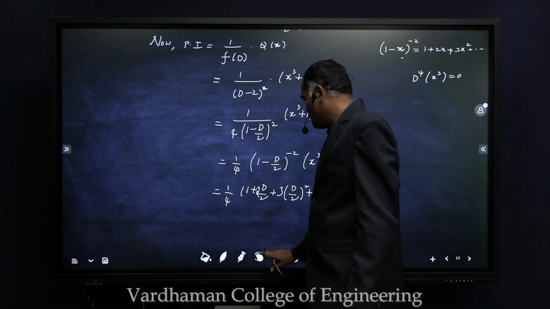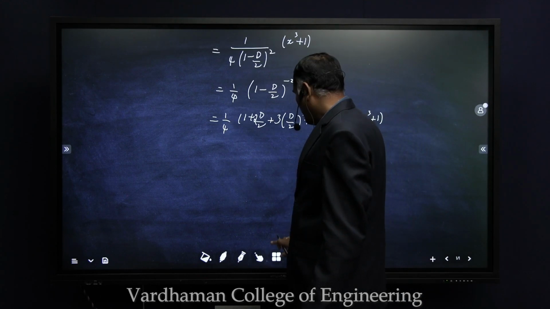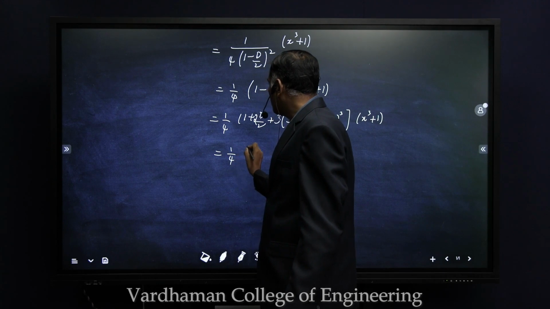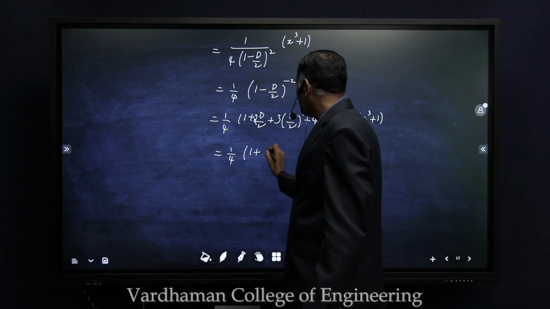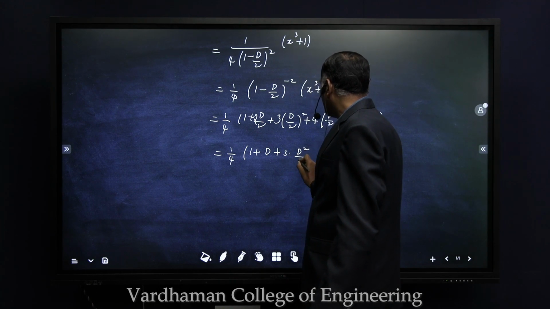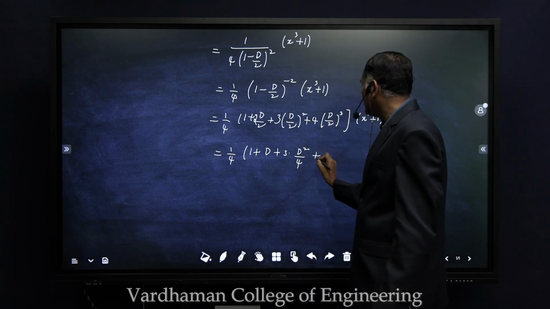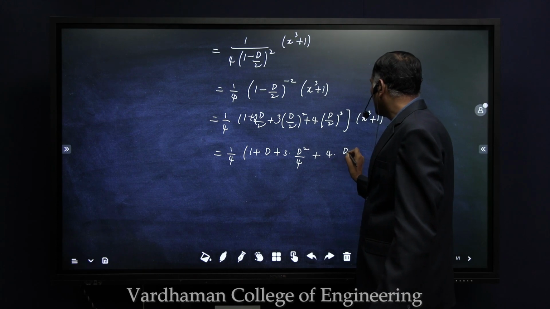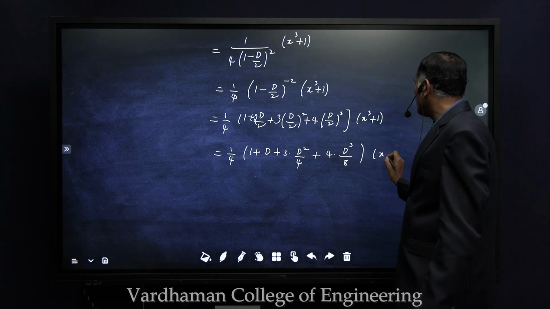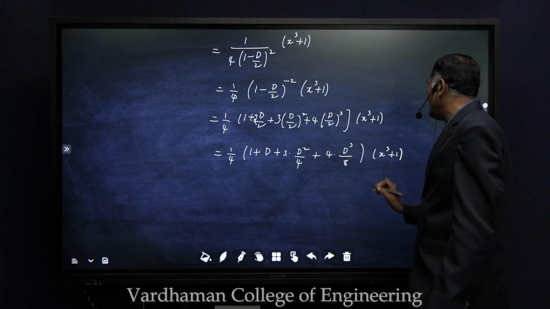Now try to simplify this further. If we simplify this, we get 1 by 4 times [1 plus D plus 3 times D square by 4 plus 4 D cube by 8] applied to x cube plus 1.